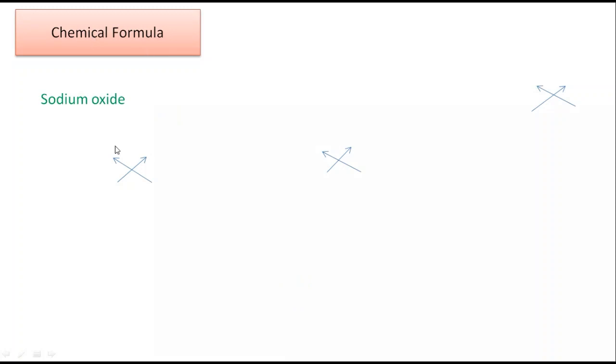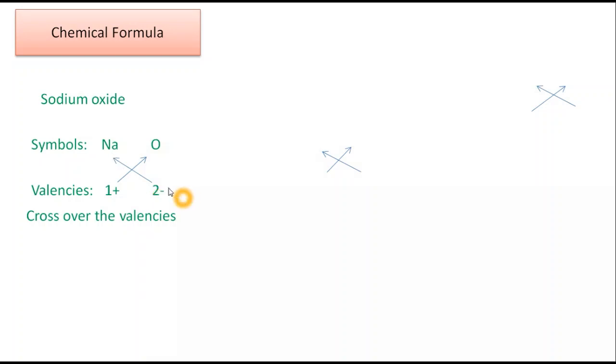Now let us write the chemical formula for compounds. For instance, we have sodium oxide. First of all, you need to write the symbols. So write the symbol for sodium, that is Na, and for oxide, meaning oxygen, that is O. Then the next step is to write the valency of these elements. The valency of sodium is 1 positive and the valency of oxygen is 2 negative. Now cross over the valencies.